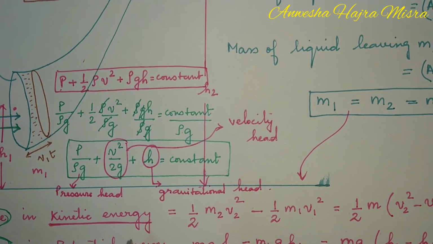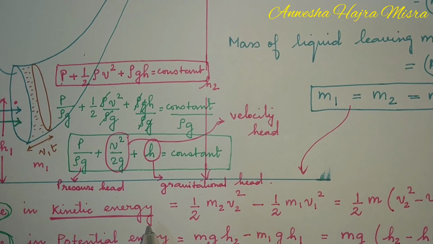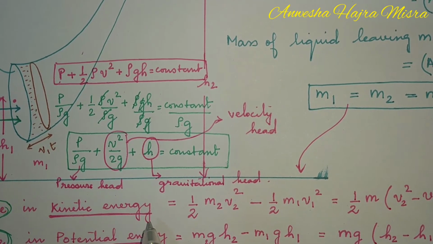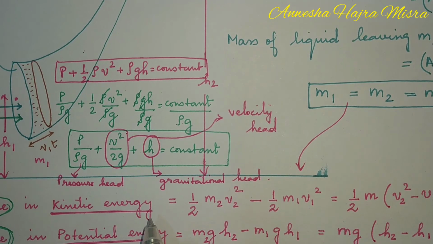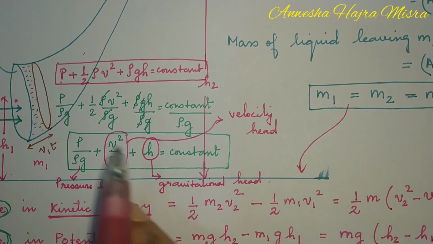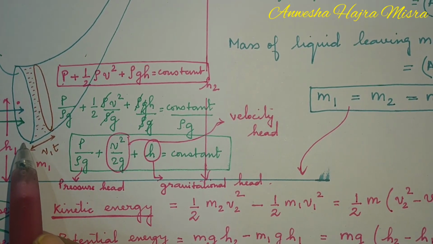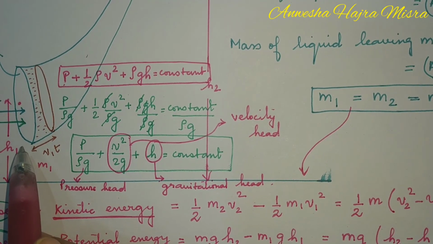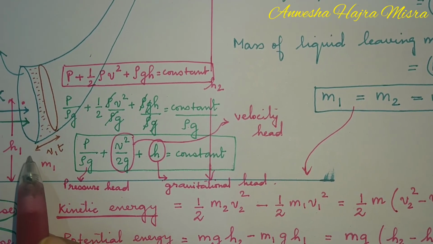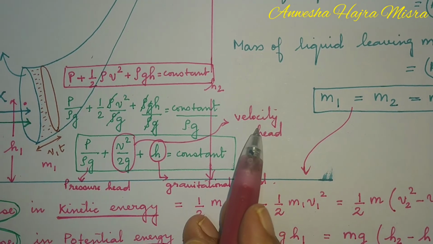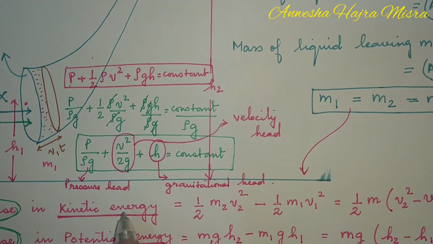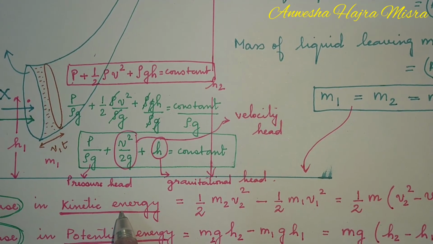So in some books, children, you will find that for a streamlined motion of an ideal fluid, definitely Bernoulli's theorem here is applicable for streamlined and ideal fluid, the sum of pressure head, velocity head, and gravitational head is constant.